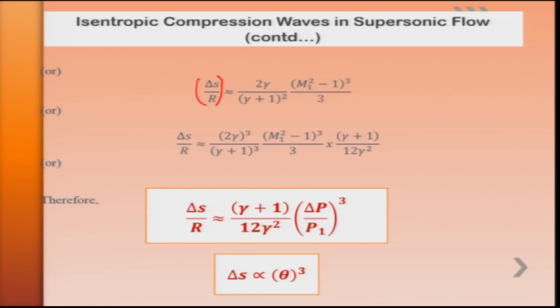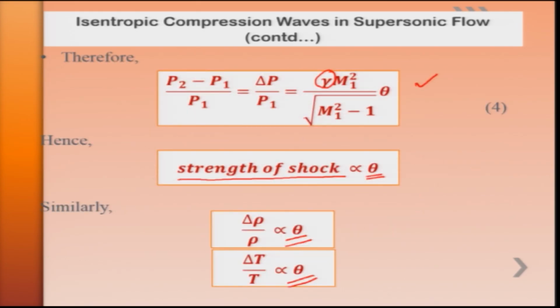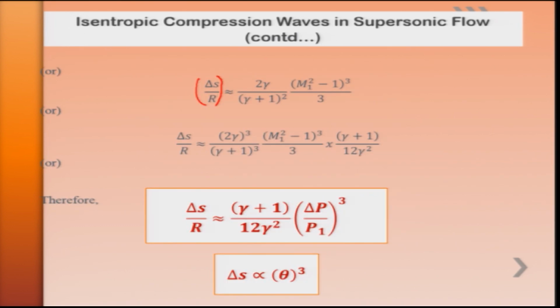Now our objective is to see how this change in entropy depends upon the strength of the shock, and we have already deduced that the strength of the shock is gamma M1 square upon square root of M1 square minus 1 into theta. Our objective for delta S by R, for an important conclusion, is to bring this term down in terms of the strength of the shock. That is exactly what has been done here by algebraic manipulation.